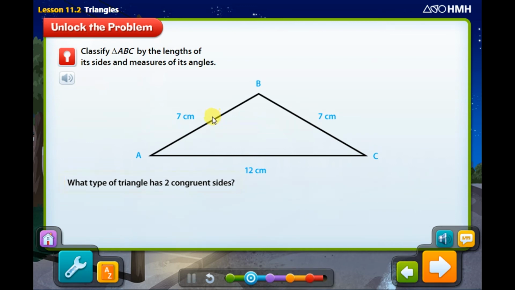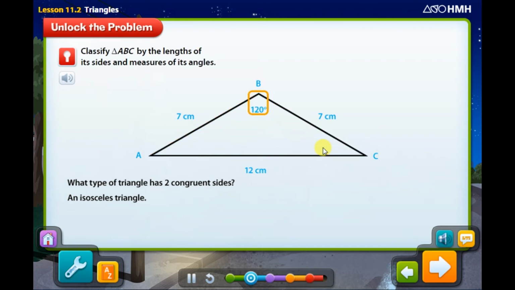Okay, we said if I have all equal sides, it's called equilateral. If I have two congruent or equal sides, this means isosceles. Bravo! An isosceles triangle. Next, let's classify the triangle based on the measures of its angles. Let's measure the angles.